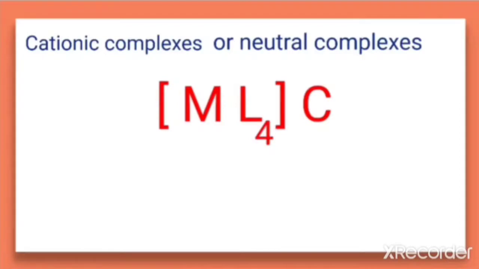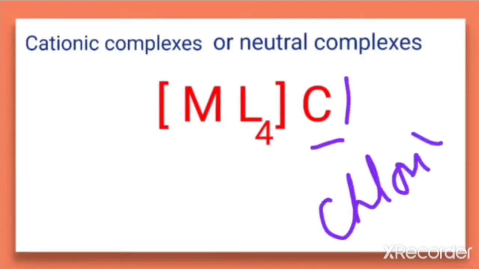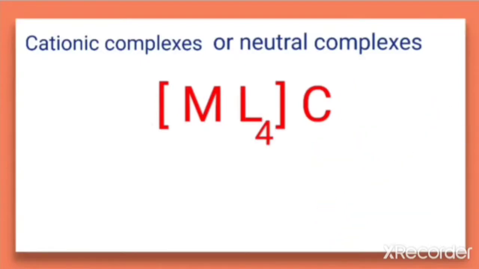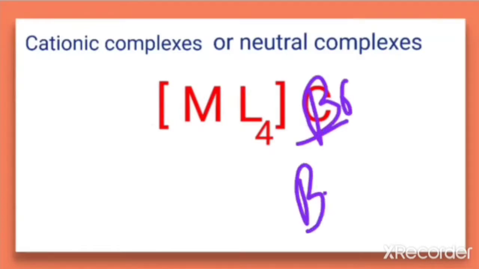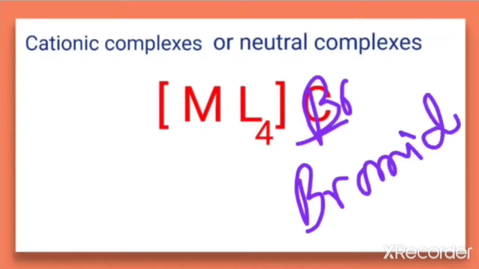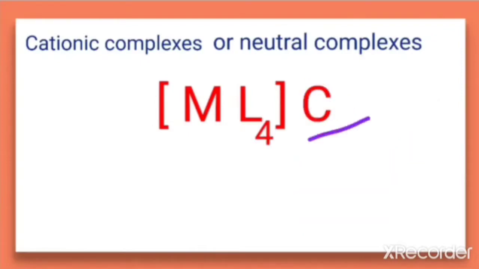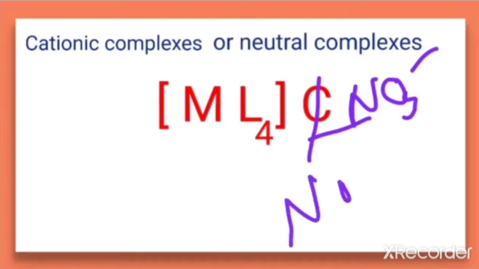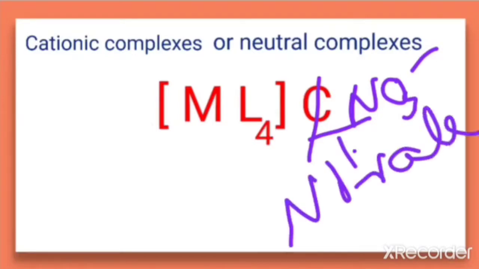And the counter ion will be named as its ion: if it is Cl, it is named chloride. If it is Br, it is named bromide. If it is NO3, it is named nitrate. So the counter ion should be named like its ion.